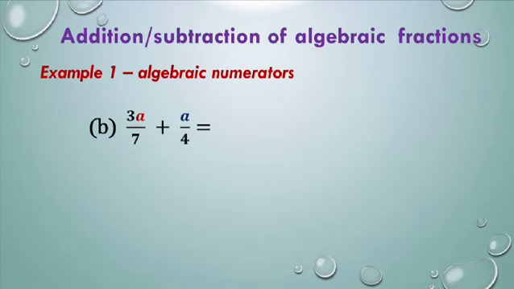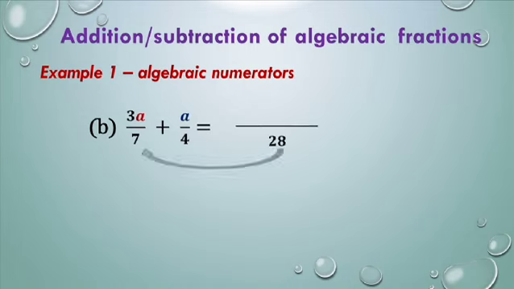3a over 7 plus a over 4. So here we have two different denominators, 7 and 4. Just like we do for addition or subtraction of fractions with different denominators, I need to find the LCM to express both denominators in terms of a common one. So the LCM of 7 and 4 is 28.